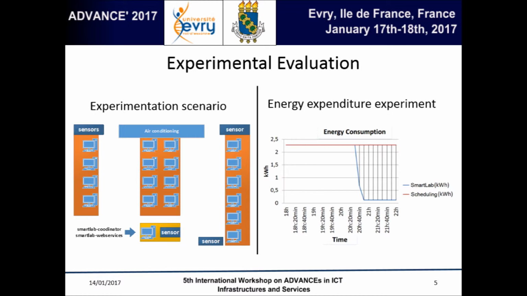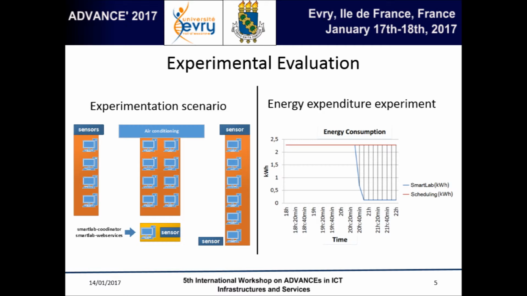For the experimental scenario, a laboratory with 19 computers was used. One of them was used for the coordinator. The remaining 18 machines had the agent deployed to monitor and execute operating system commands. Four Arduinos Mega were arranged at different points of the laboratory.